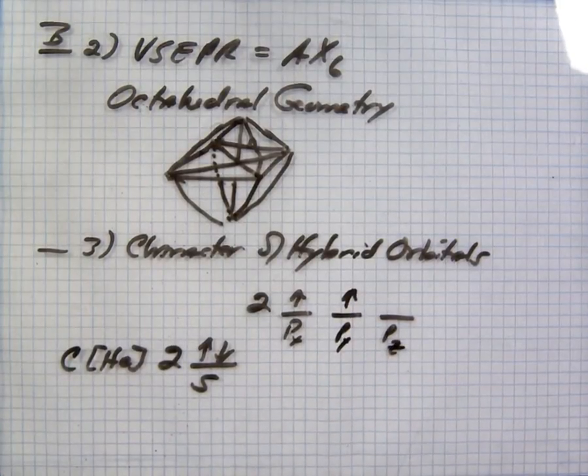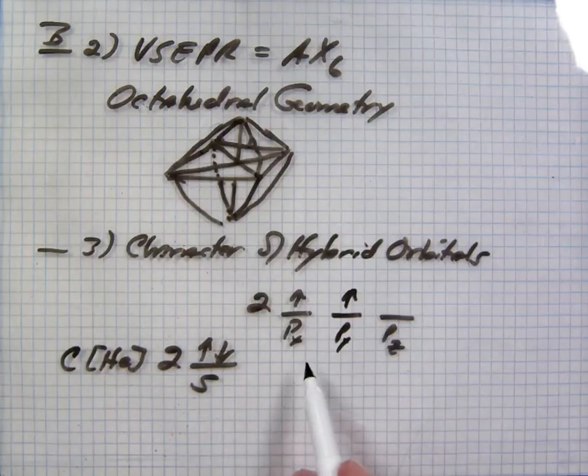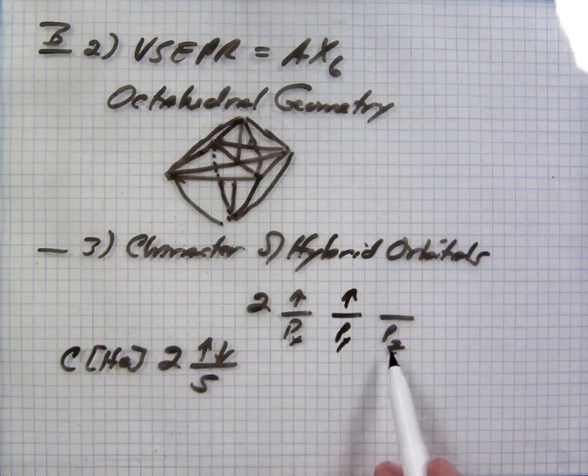The reasoning in forming hybrid orbitals is that you can't bond in this configuration. So the theory blends all of these together into hybrid orbitals. It takes the s and two p's if it's trigonoplanar, the s and the p if it's linear, and s and all three of them if it's tetrahedral.